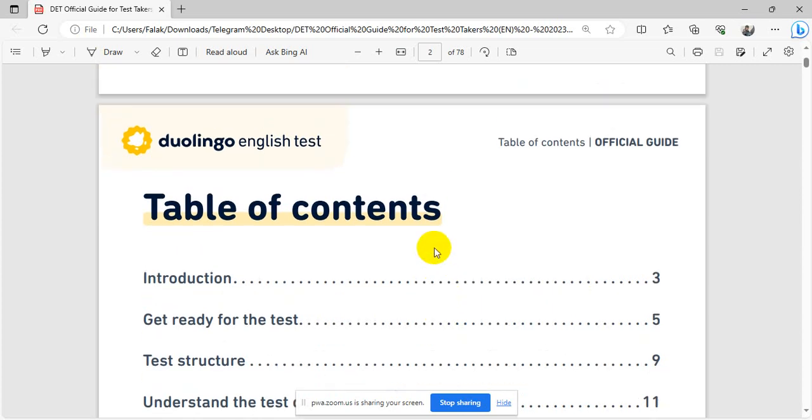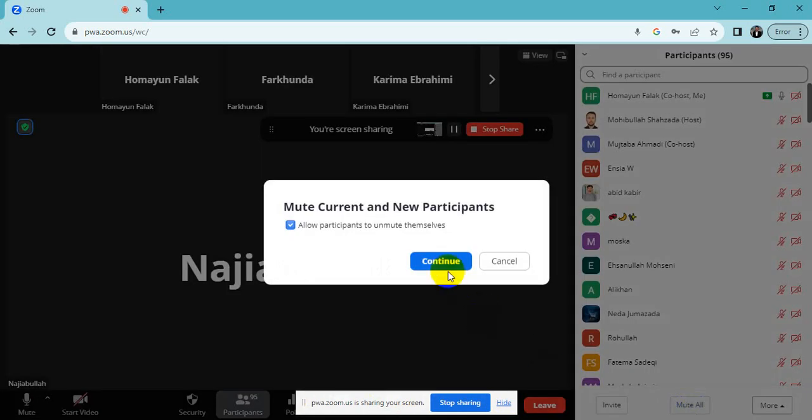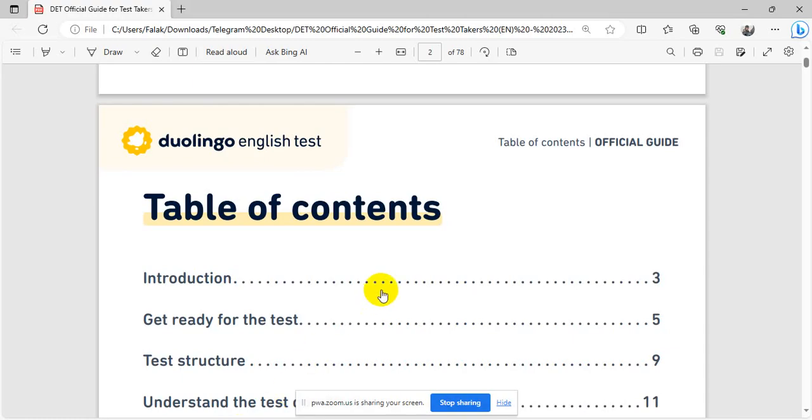And for this session, we will go through the strategies, the things that we have inside the book. So particularly in this session, we are digging into the book.